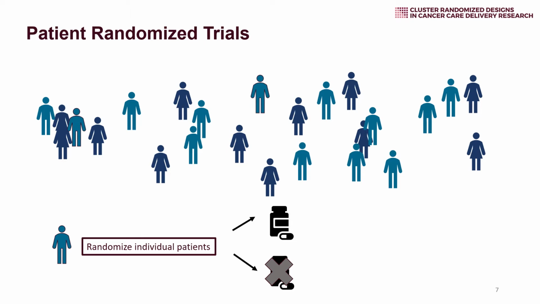So in a patient randomized trial, we take our individual patients and then we randomize each individual to the intervention or the control condition, here depicted by a drug. But patient randomized trials don't necessarily always randomize drug or test drug interventions, but they often and typically can do.